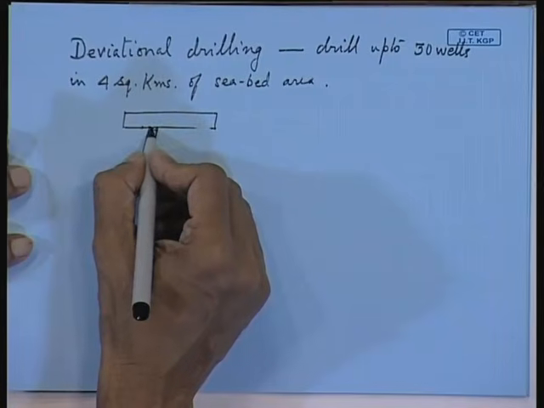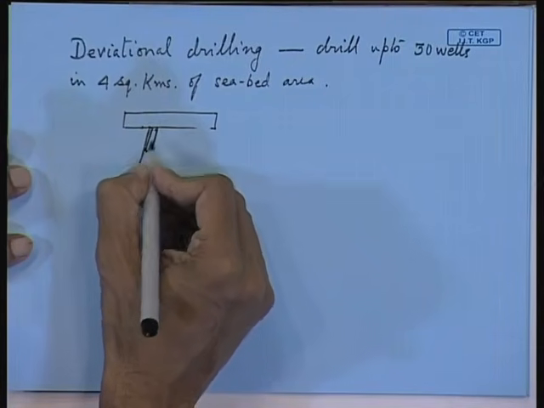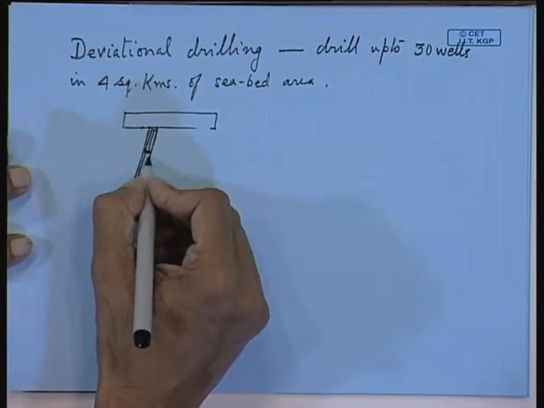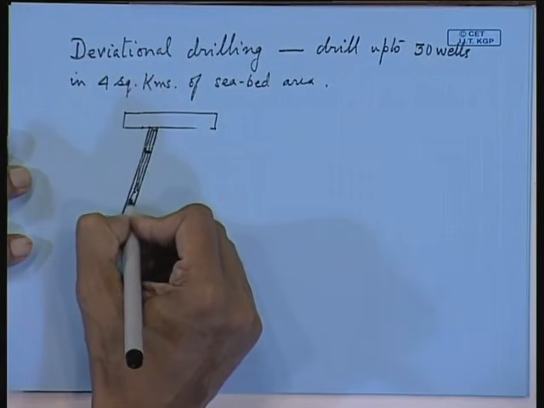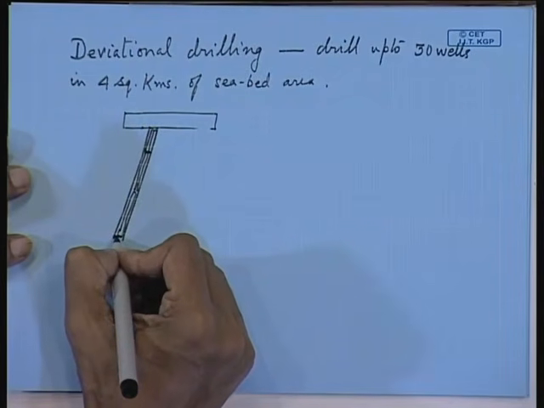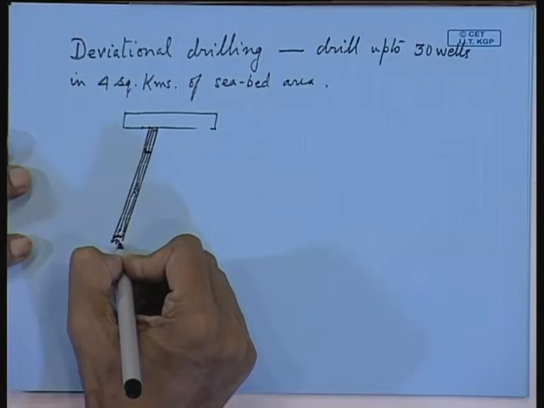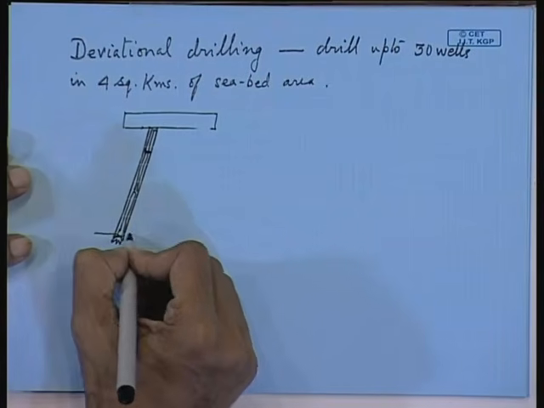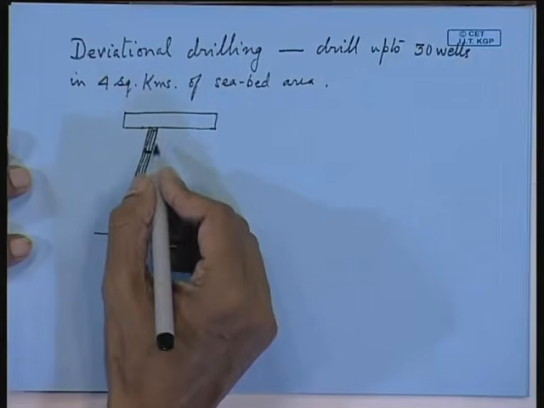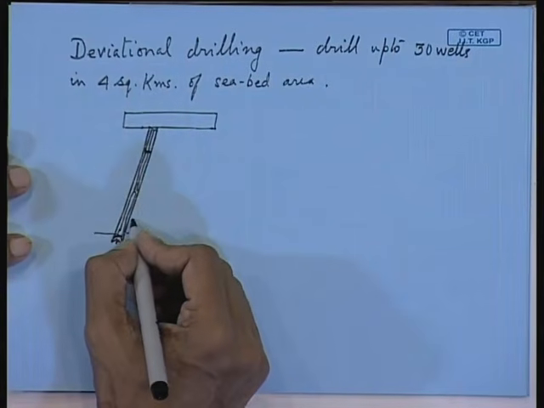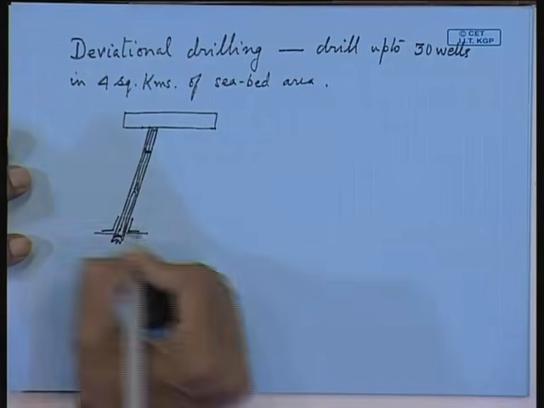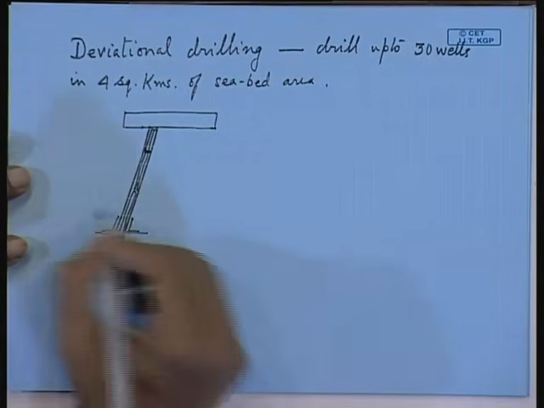Through this you have your drill string, that is your drilling riser, going like this, and at the end you have the drill bit. This is called deviational drilling or slanted drilling. It is done at an angle with the vertical, and there are wedges at the seabed to keep this in place.